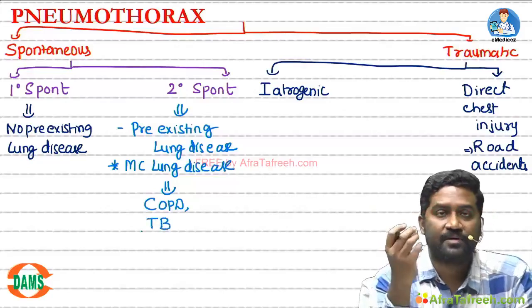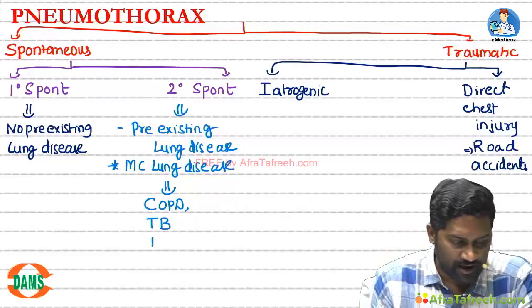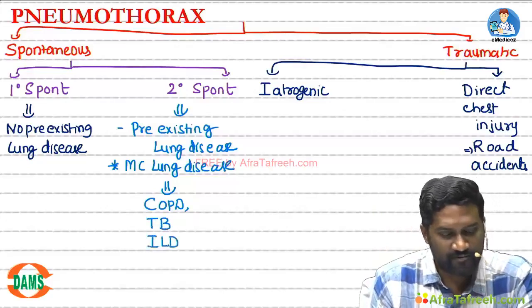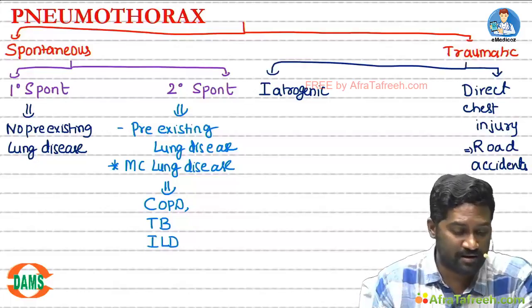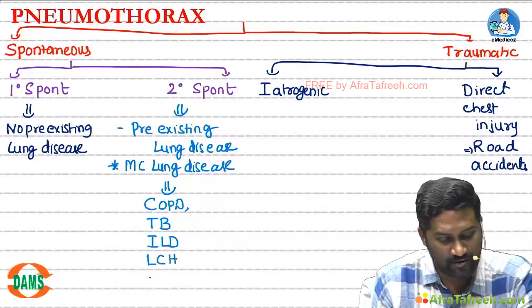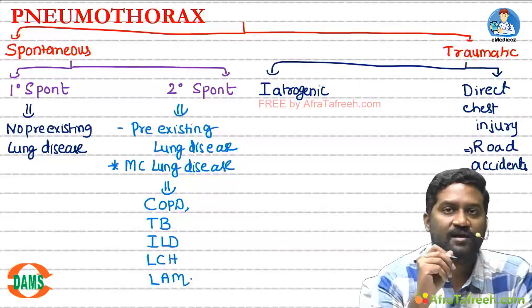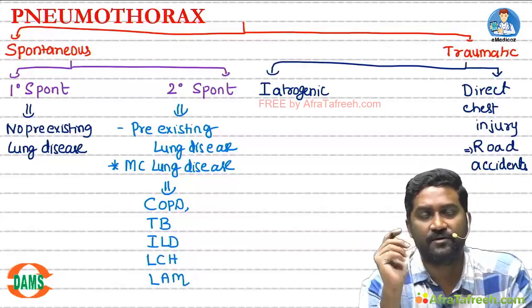In TB, the cavities can rupture resulting in pneumothorax. ILDs. Why it happens in ILDs? When I discuss ILD, I will let you know in detail. And rare diseases such as Langerhans histiocytosis, lymphangioleiomyomatosis. Just write down LCH, LAM. I will discuss in the next slide, don't worry.